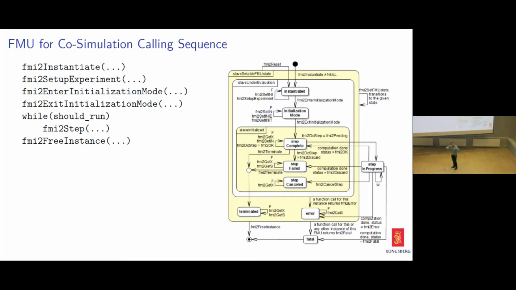Then you just run step, advancing forward in time until you are satisfied. And then you clean up after yourself, which is a good thing to do when running software. Of course, there are other nuances to this. You can set inputs and read outputs, tune parameters and so on. There are also some additional functions, but those are not of importance here.